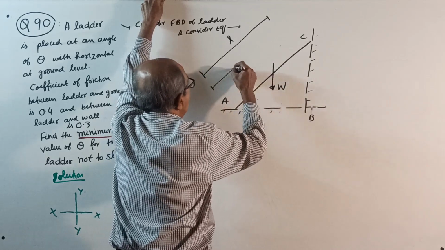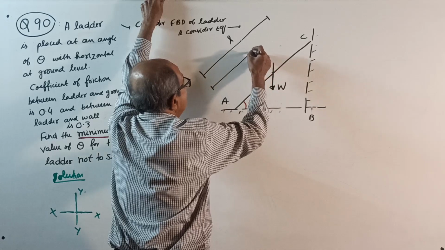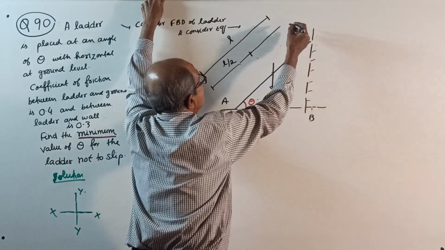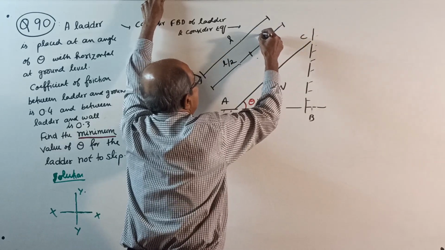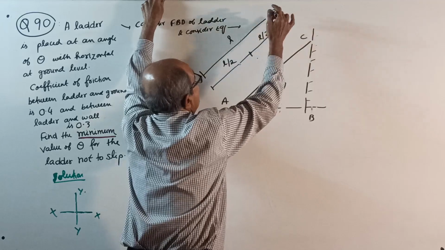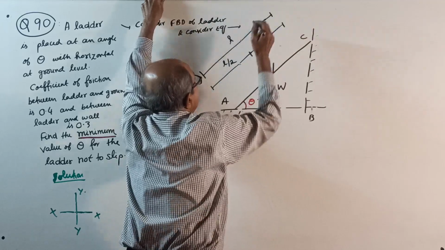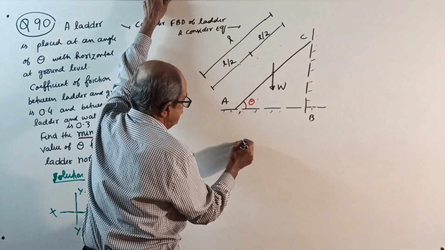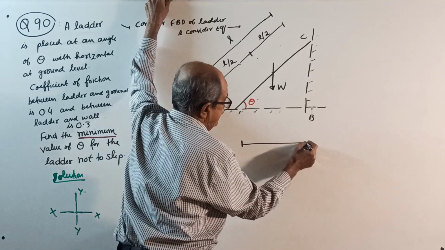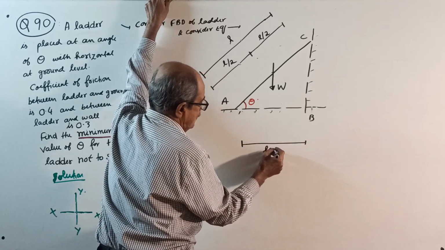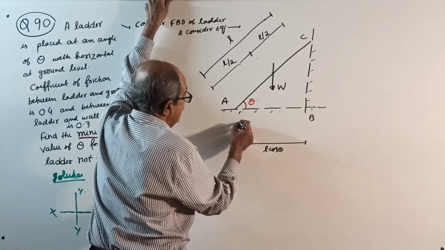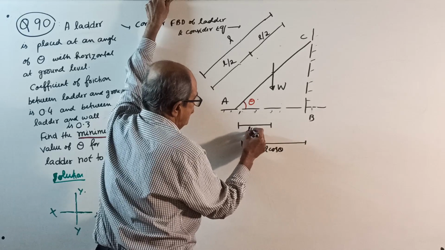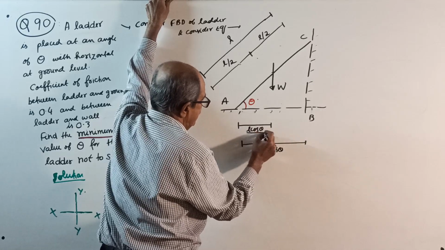If you want, you can mark L by 2 and L by 2, but actually it is not required. In this question, length and W are not required, they cancel. That's why the next question will have numerical values, an exercise for you. Then this total horizontal length is L cos theta, and this distance will be L cos theta divided by 2.